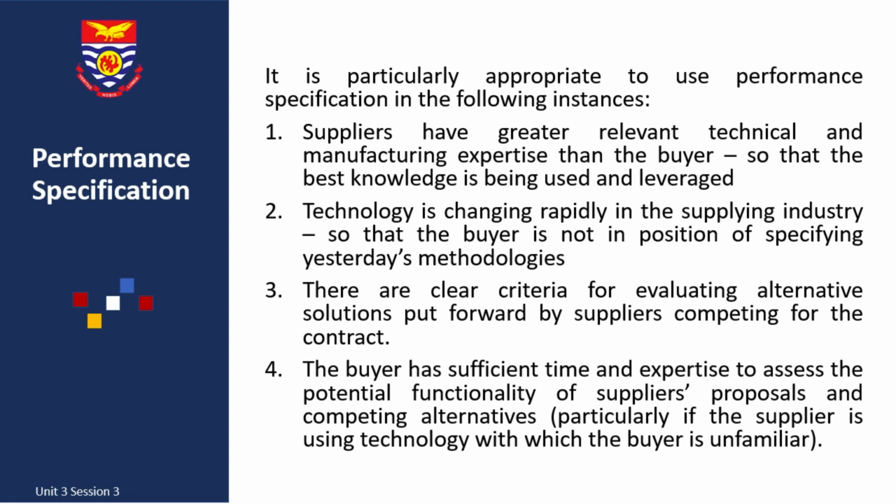So in your specification documents, you realize suppliers in their tender documents are specifying innovative solutions, better solutions than the one you are even thinking of. Then instead of going with a conformance specification, it's better to go with a performance specification, where you leave the suppliers to do their innovative things to come up with better solutions than you would have if you go with the conformance specifications, right?